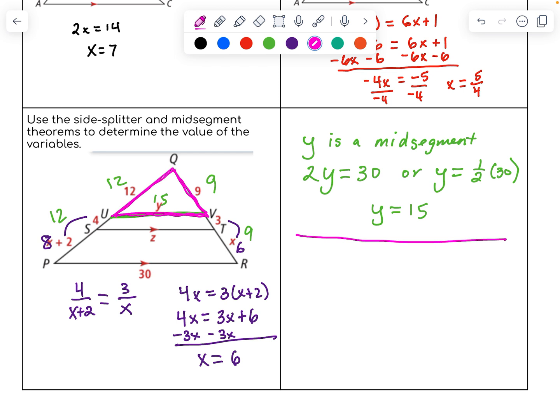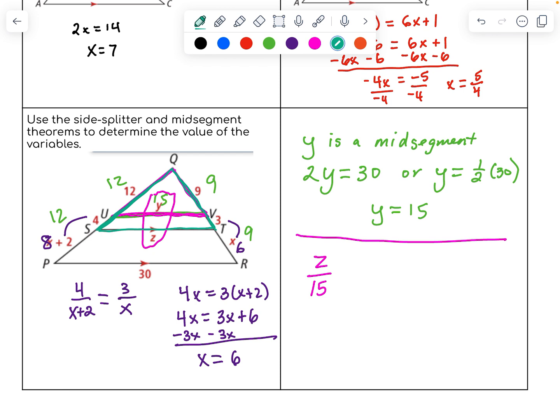And so what I would do is recognize that I got this side relationship, z over 15, is proportional to this triangle relationship right here. Okay, so those are our two triangles.